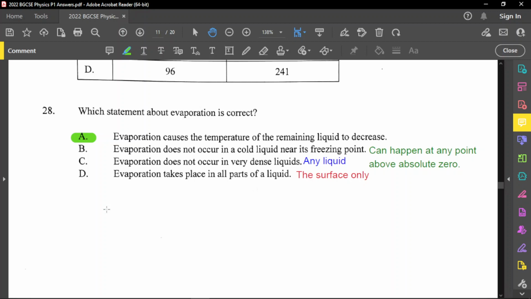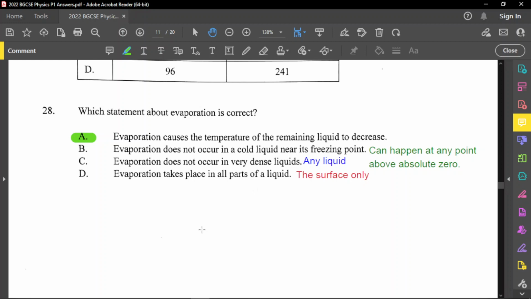Option B said evaporation does not occur in cold liquids near their freezing point. That is not true, because this can happen at any point above absolute zero. Option C said evaporation does not occur in very dense liquid. That's not true. For all liquids, whether dense or not so dense, evaporation can take place.